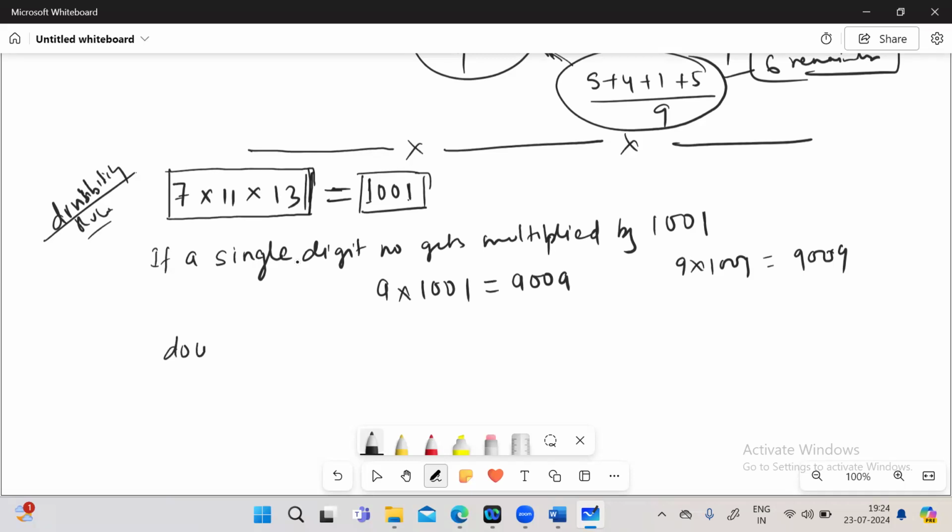If it is a double digit number, AB into 1001, you will get AB0AB.